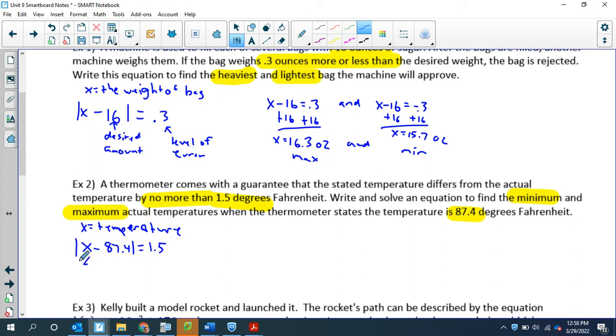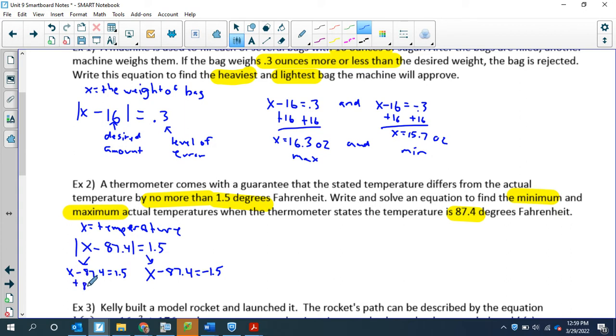And to solve that, we would undo our absolute value. So we would have x minus 87.4 equals 1.5. And then we'd also have x minus 87.4 equals negative 1.5.